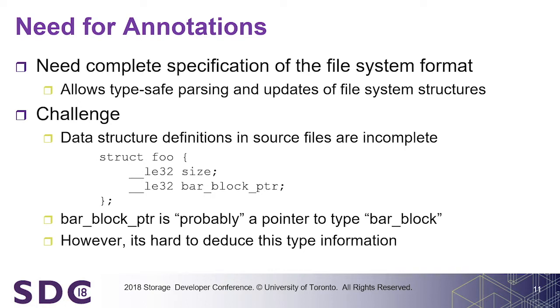For example, the slide shows the definition of struct foo in a file system header file. In it, there are two fields called size and bar block pointer, both of a little endian integer type. By looking at the name, bar block pointer, a programmer may deduce that this field points to a block of type bar block, but there is no way to know for sure.